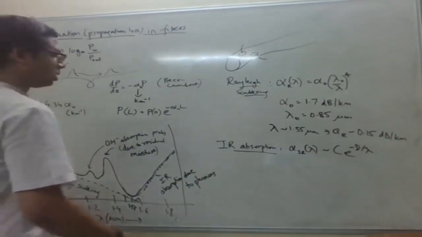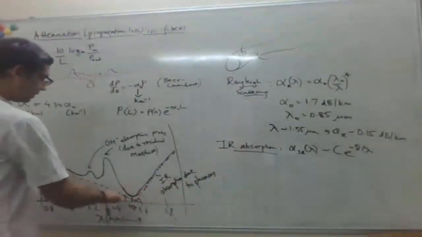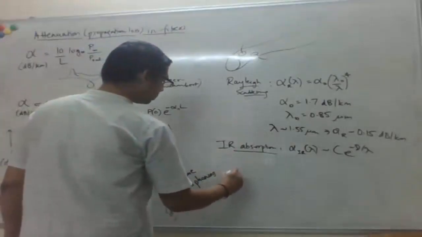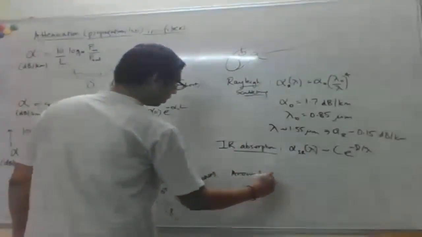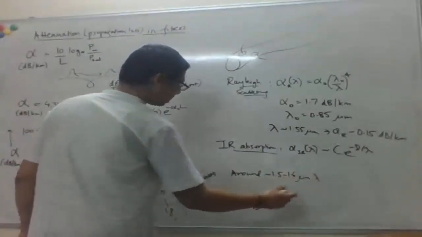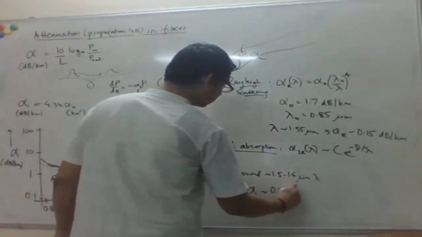So the total loss at these wavelengths around 1.55 microns, so let's say around 1.5 to 1.6 micron wavelength, is typically about 0.2 dB per kilometer.